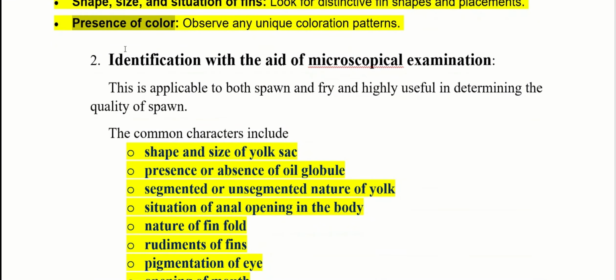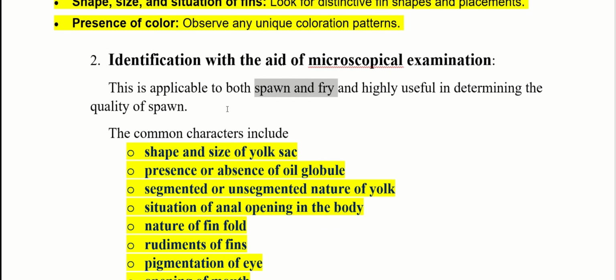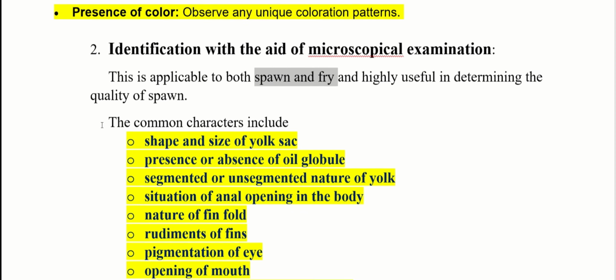Second method: identification with the aid of microscopical examination. This is applicable to both spawn and fry and is highly useful in determining the quality of spawn.